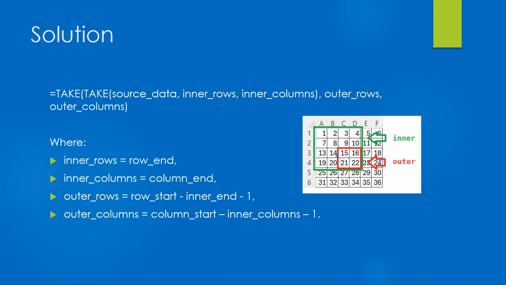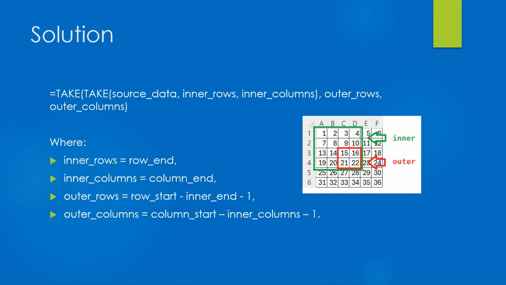So the main idea is to have the inner take function return one subset of the range, and then the outer take function will return the final subset that we require. The inner take function will have the number of rows and columns the same as the ending indices that we're going to specify to the slice function.